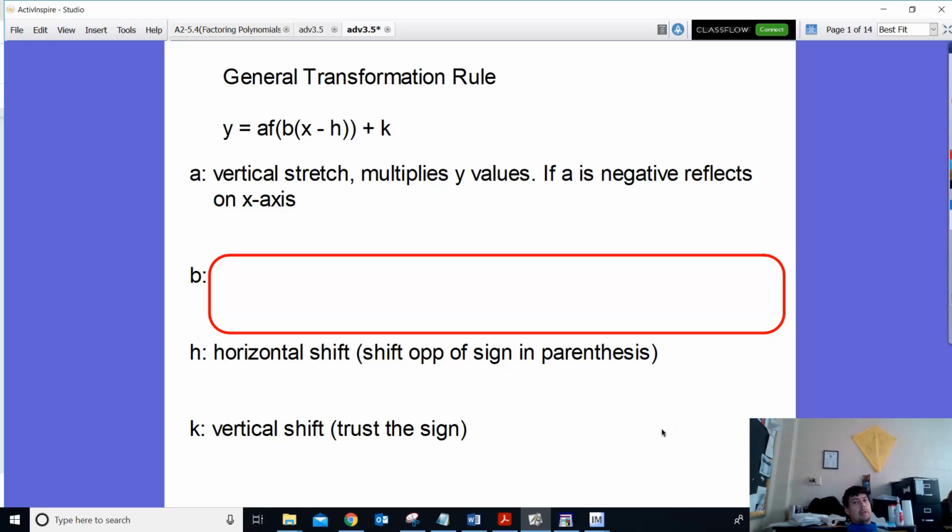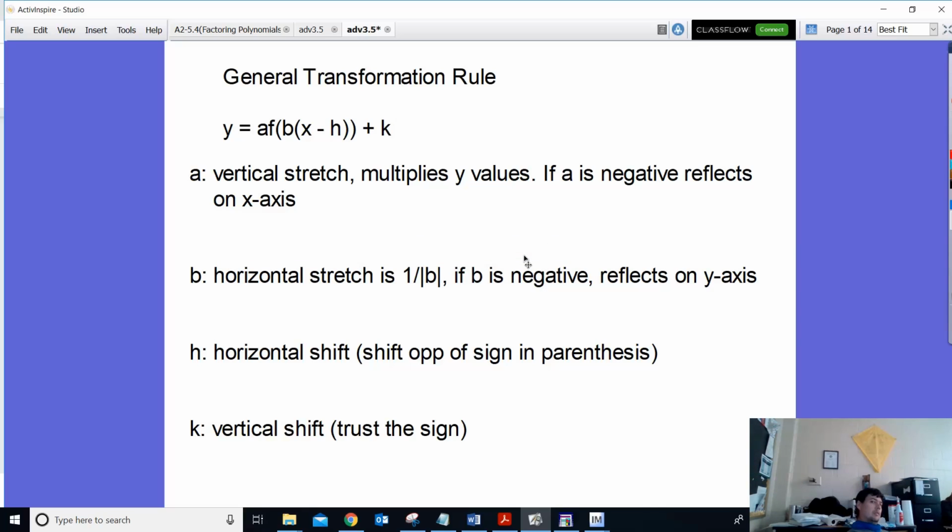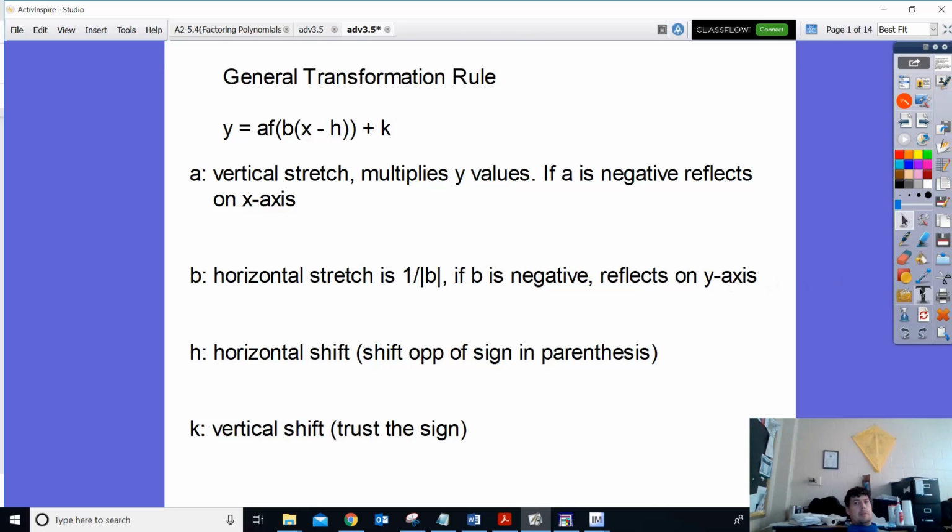b is new to you. b handles what we call a horizontal stretch. Horizontal stretch is 1 over the absolute value of whatever b is. And I actually left something off there.